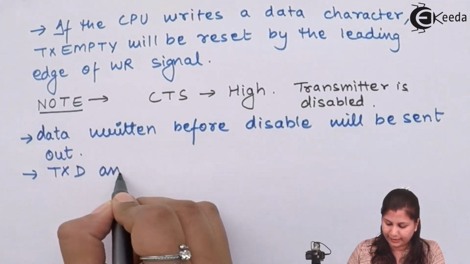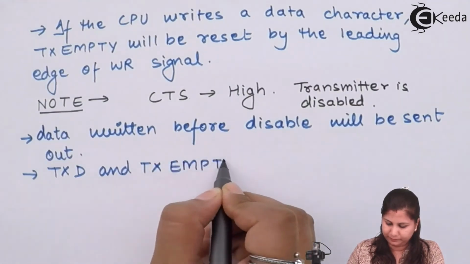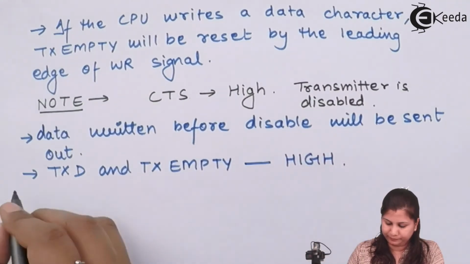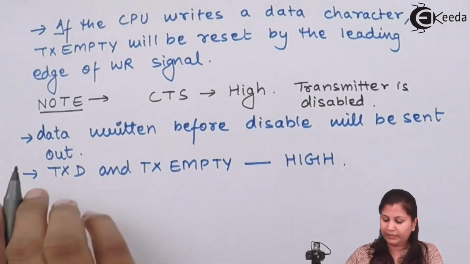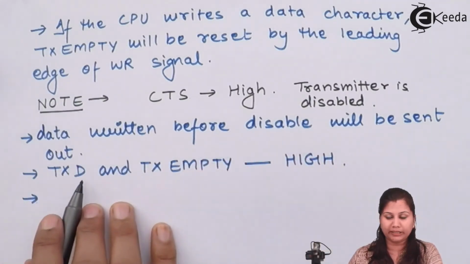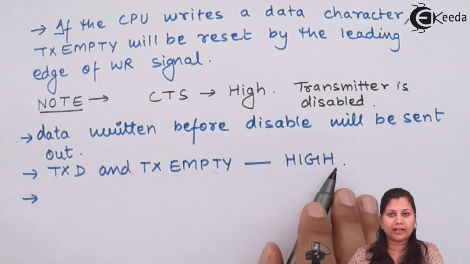So when data is written before the disable, it will be sent out, and the transmit data and transmitter empty pins will be at high.